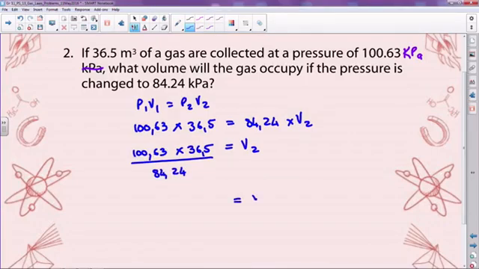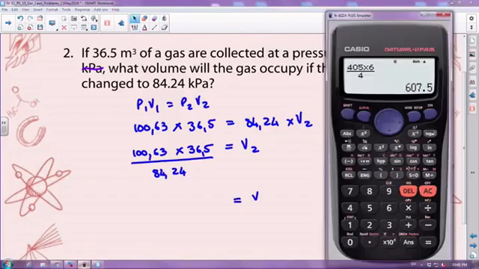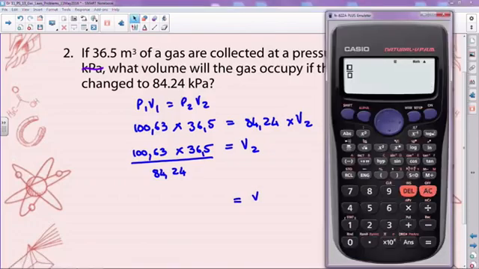So my answer, we need to just find our calculator. Use my fraction function again, 100.63 multiplied by 36.5. And then I'm going to divide that by 84.24. And I'm going to end up with an answer of 43.601.